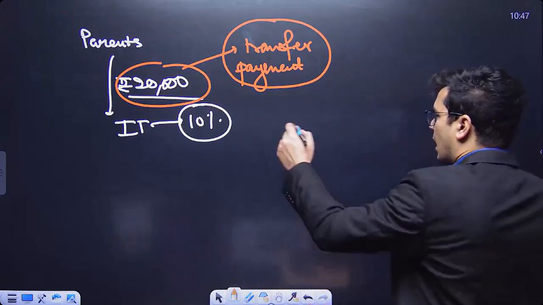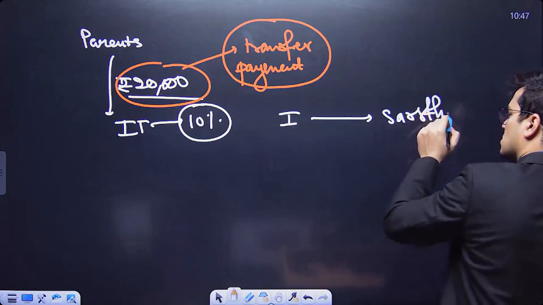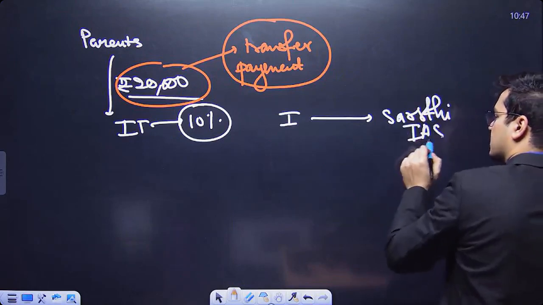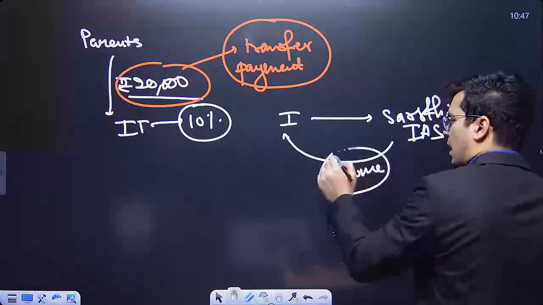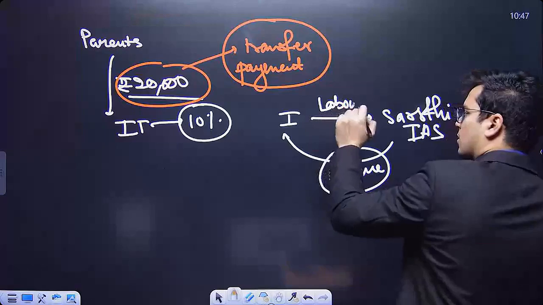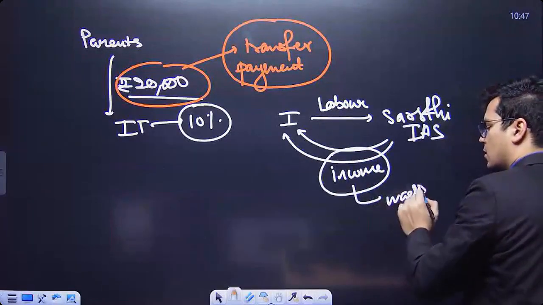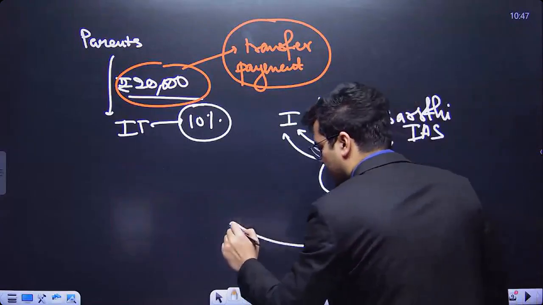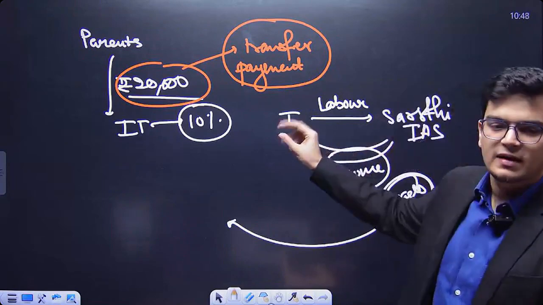Now, I work at Sarthi IAS. Sarthi IAS pays me certain income. I am giving my labor here, and I am receiving wages in return. Whatever wages I receive, on this, now an income event has been created.